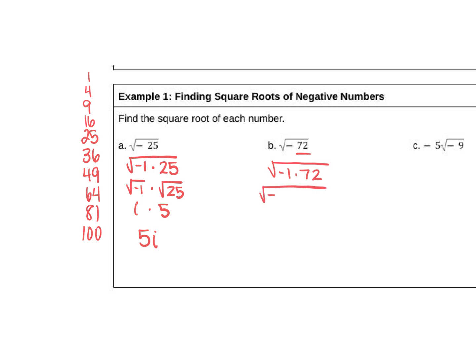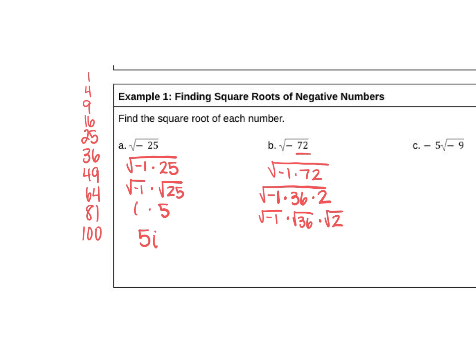Very cool. See, so it's -1. So now that 72, I'm going to split that into 36 times 2. And then taking the square root of all those things is the same as the square root of -1 times the square root of 36 times the square root of 2. Square root of -1, I know what that is now. What is that?